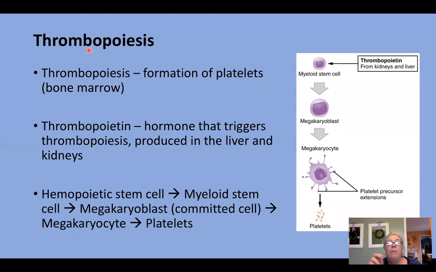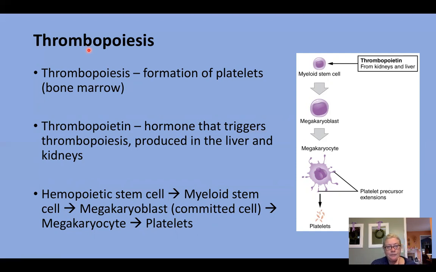So a thrombocyte is the technical term for a platelet. When we talk about a thrombosis, that is the formation of a blood clot. A thrombus is an actual blood clot. So when you see T-H-R-O-M-B, start thinking of something that does clotting, or is involved in blood clotting.